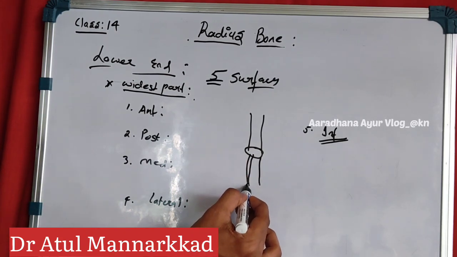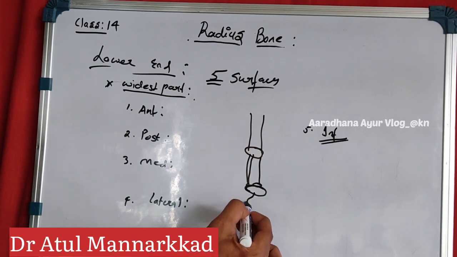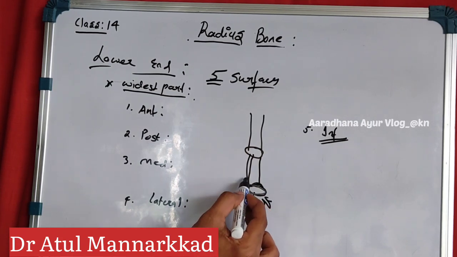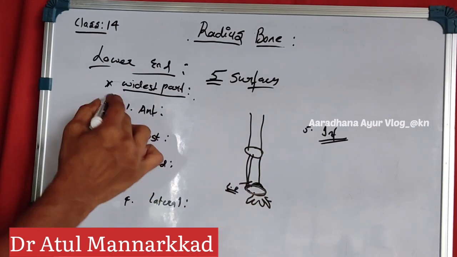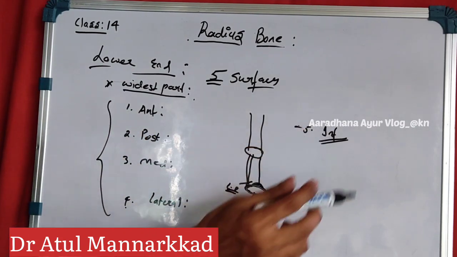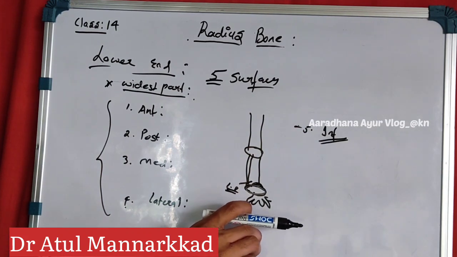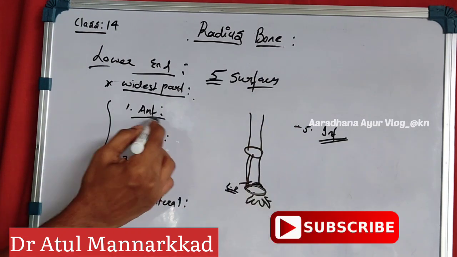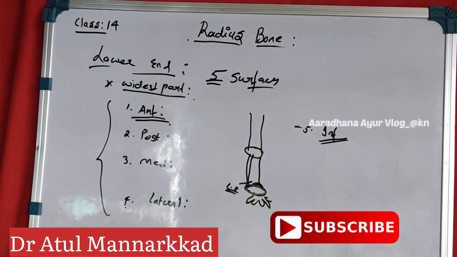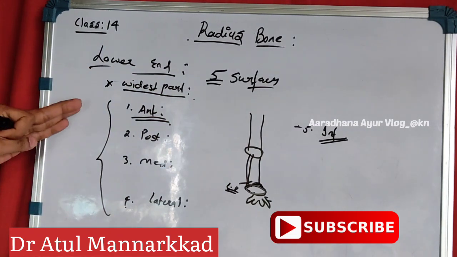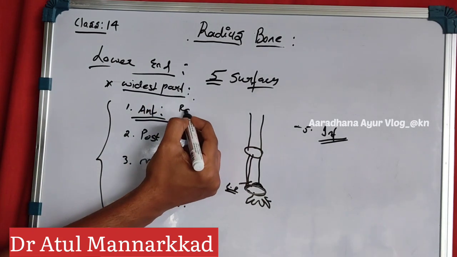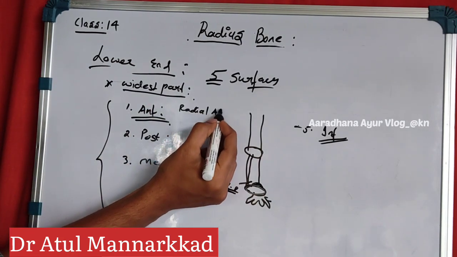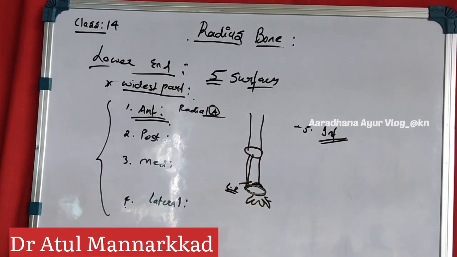The radius and ulna make the wrist, and here come the fingers. This lower part has 5 surfaces, including the inferior surface. The anterior surface forms a thick prominent ridge, and here the radial artery is present.